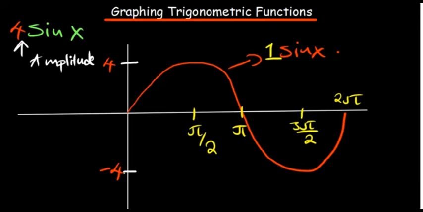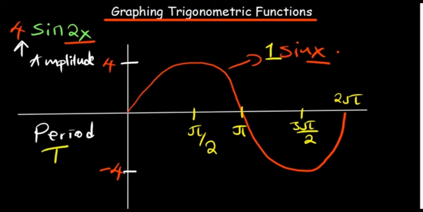What about if we try to change something else? Let's say we have 4 sine 2x. So now you understand that this is 2x and then that is x. This takes us to a new effect, which we are calling the period. The period is also one of the things that affects the basic function. It's denoted by capital letter T, and of course it's dependent on the coefficient of x.